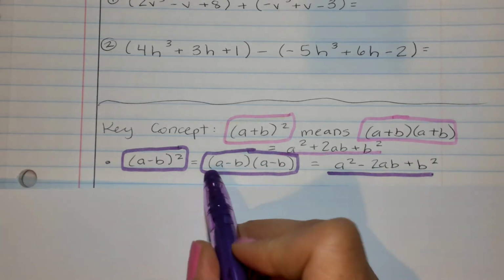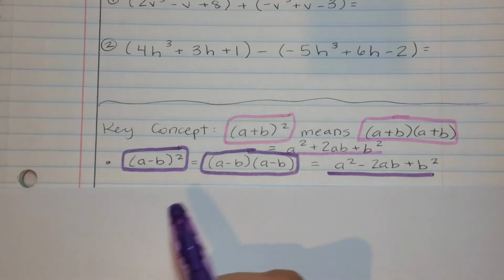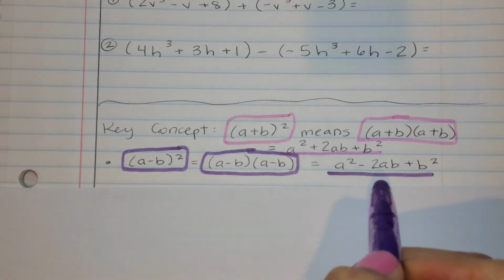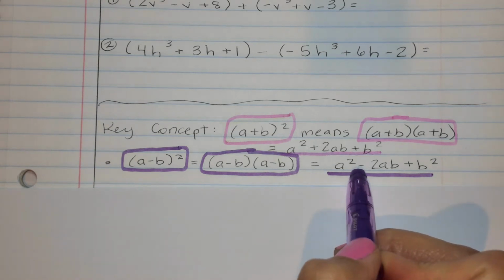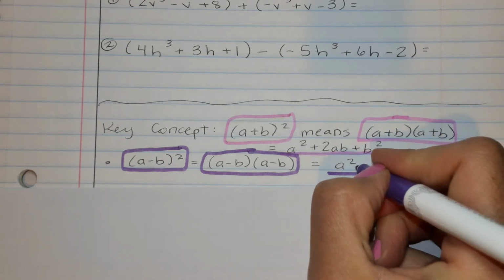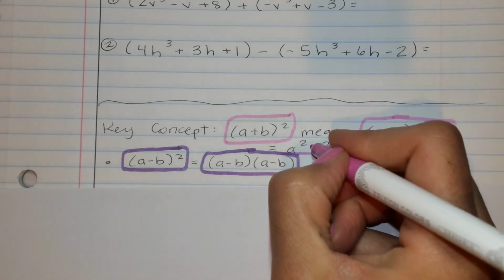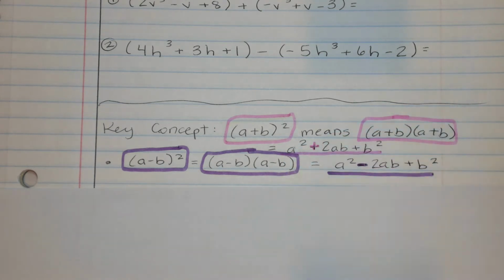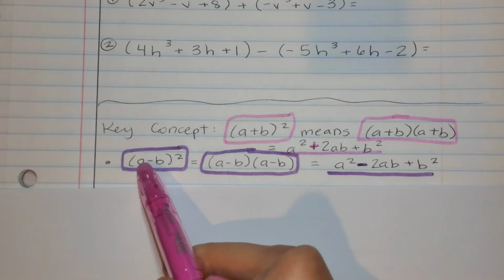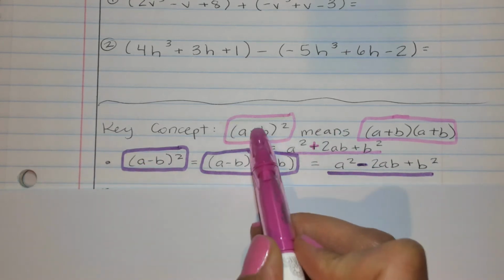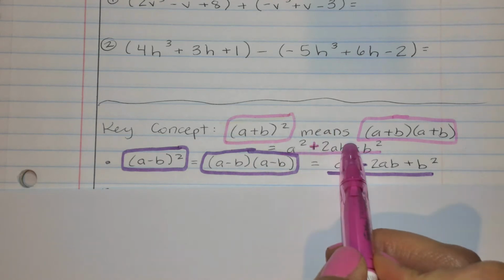It's the first term squared, the last term squared, and in the middle, notice how this one has a minus sign. I'm going to trace that in purple to show that one's minus, whereas the one above had a plus. That's really the only difference. It's not like you have to memorize two different things. If there's a negative in the binomial, it's a minus for that middle term. If it's positive, then they're both positives.